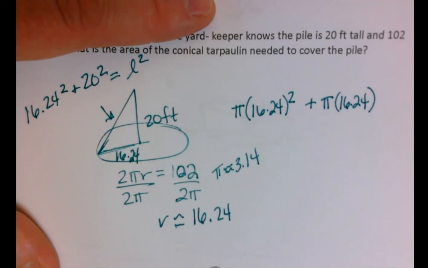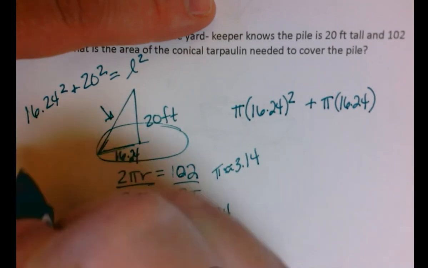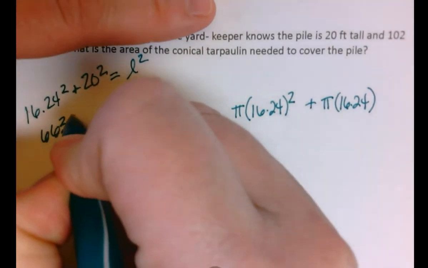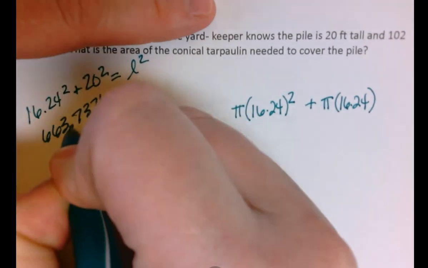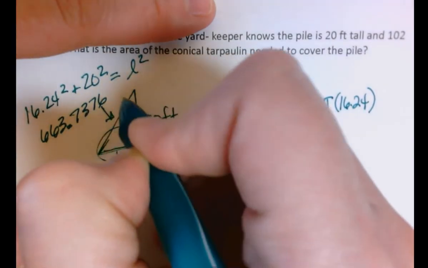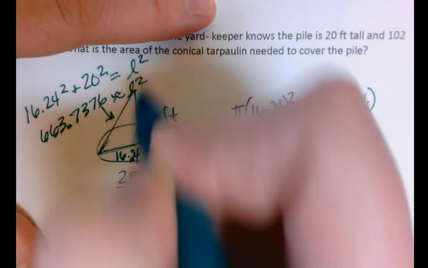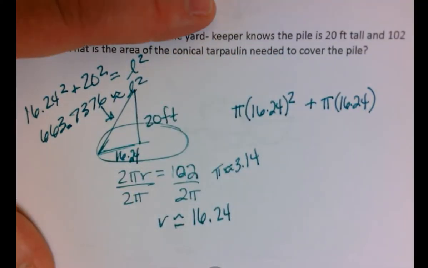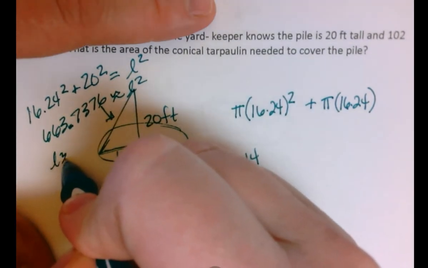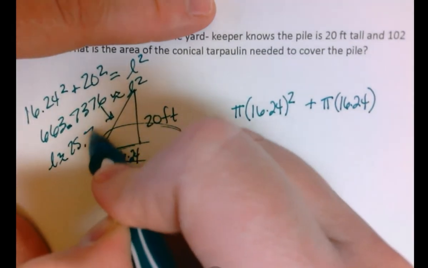16.24 squared plus 20 squared gives me 663.7376 equals L squared. Square root that. L is approximately 25.76.